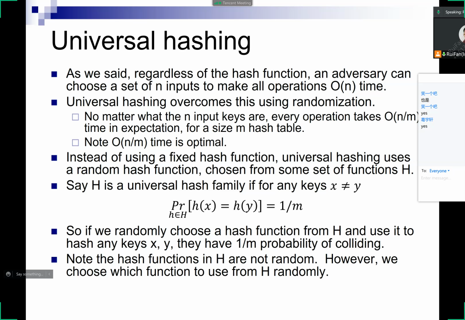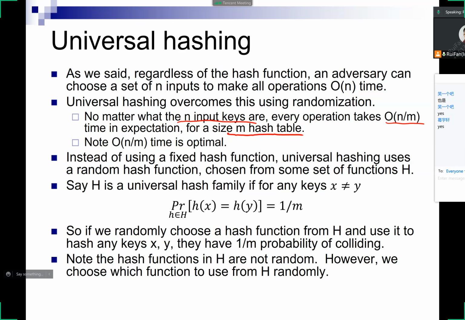So we have this algorithm called universal hashing. Universal hashing can ensure that if you have a hash table of size m, and then you put n keys into it, then all of the operations take order n divided by m time in expectation.